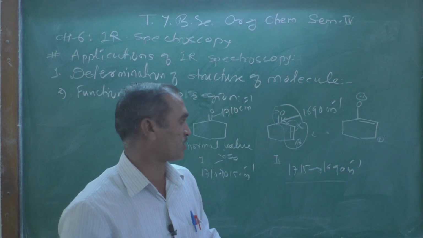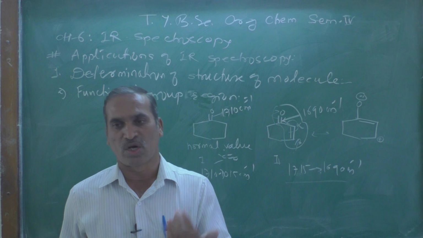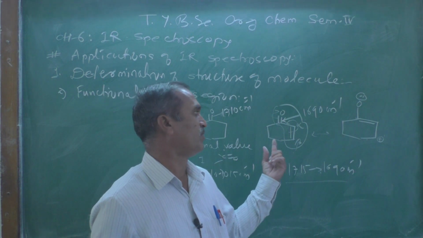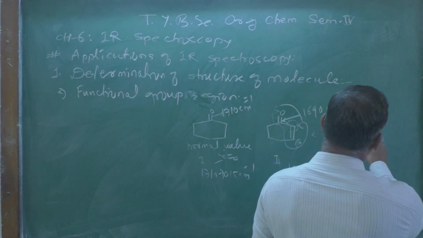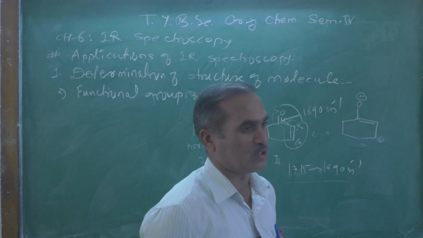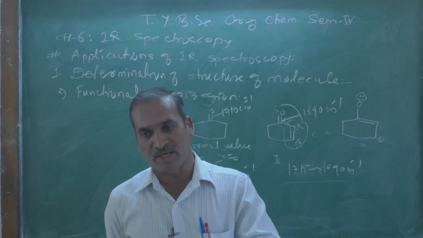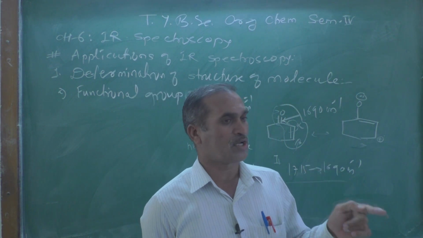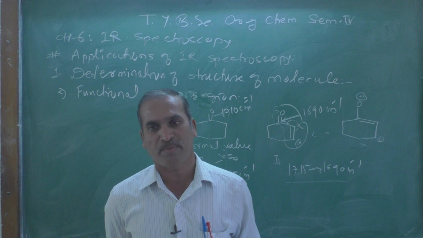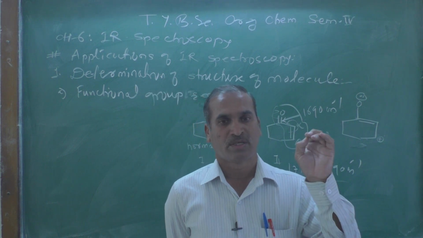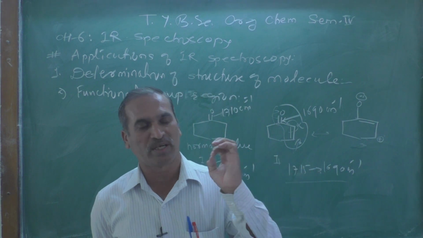These two structures are canonical or resonance forms. Due to the resonance effect, double bond character decreases, or you can say single bond character increases. Once the single bond character increases, force constant decreases. Once the force constant decreases, the frequency automatically decreases.